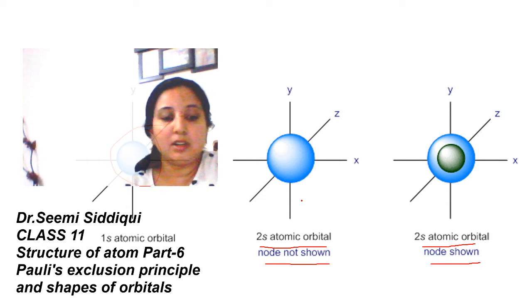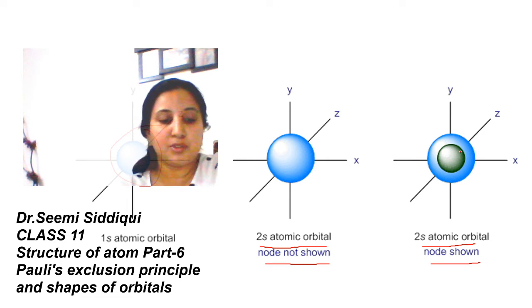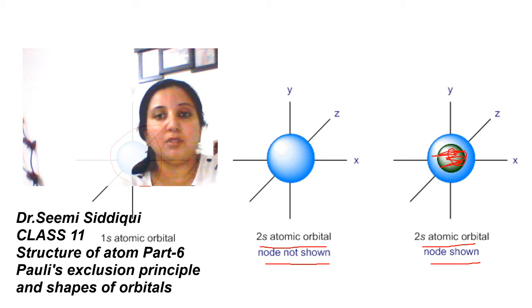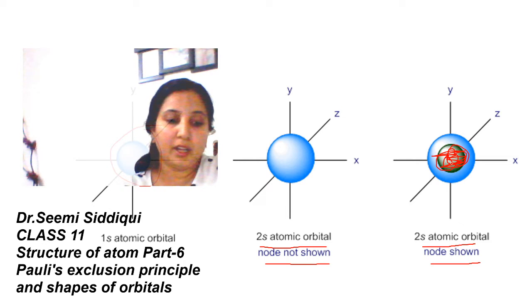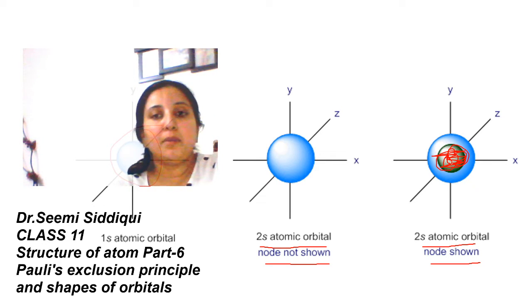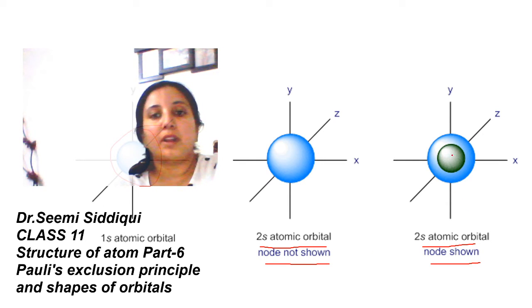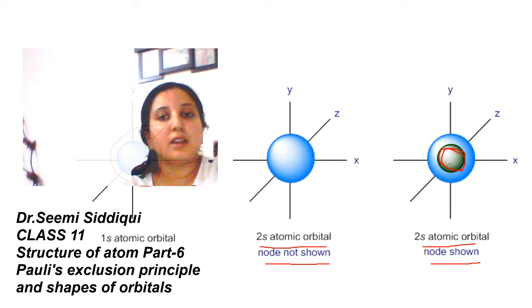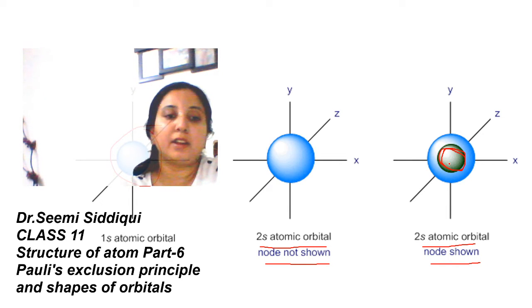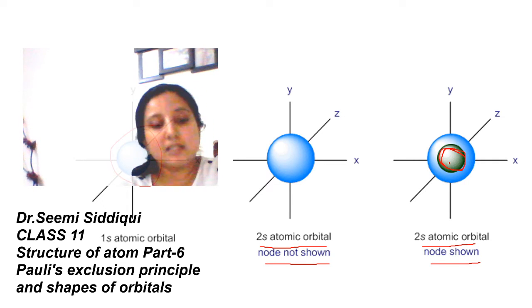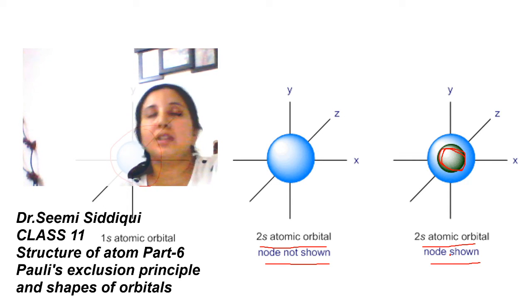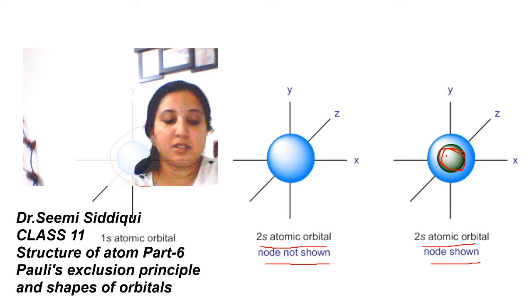Now in the case of this 2s orbital, the node which we have shown over here means that this particular area, this one, this circle, this greenish color, is the area where the probability of finding an electron is minimum, and this surface is called the node, or in some books the nodal surface.